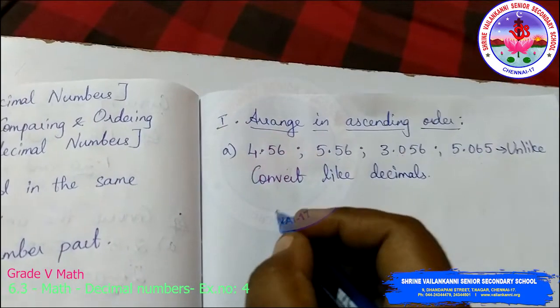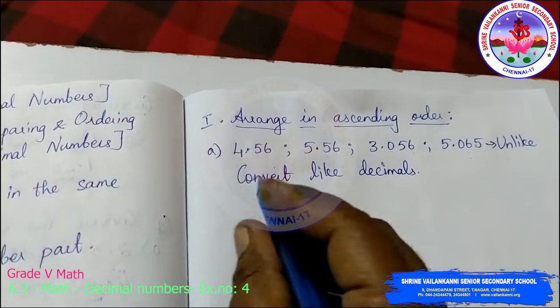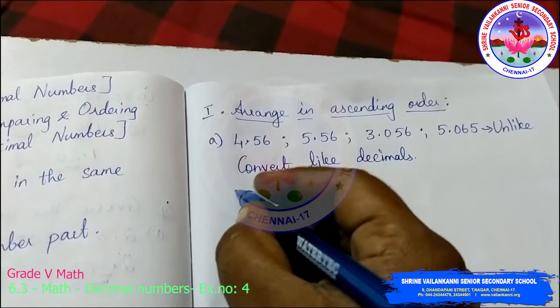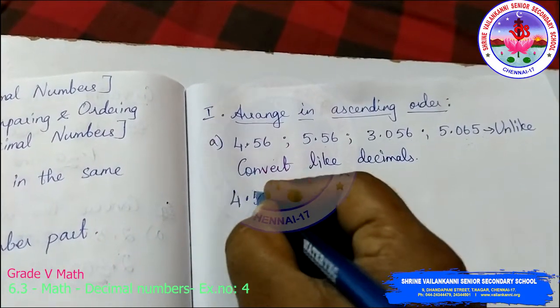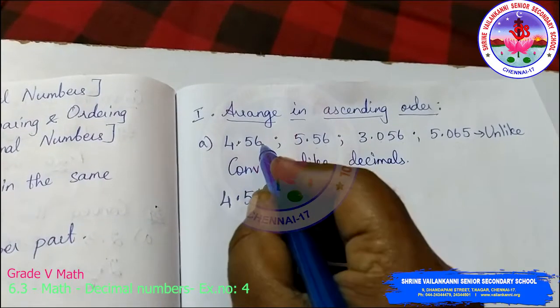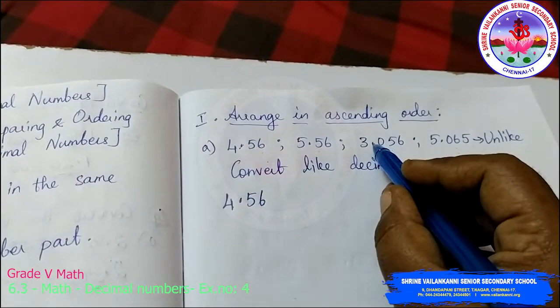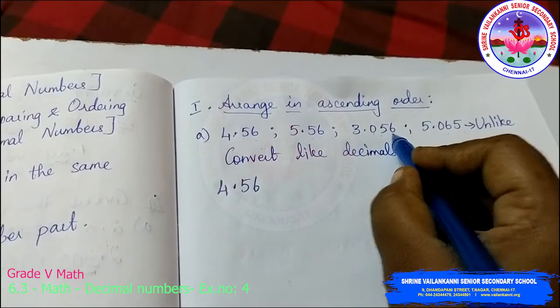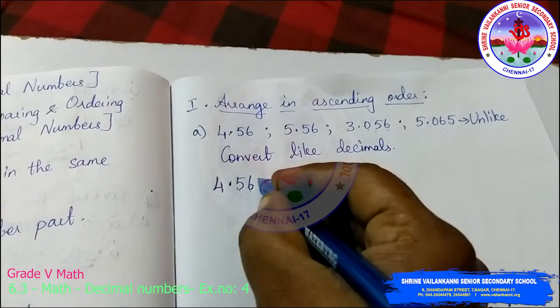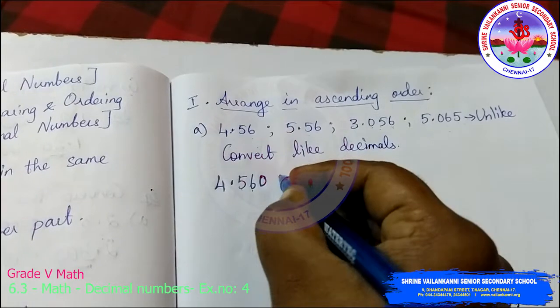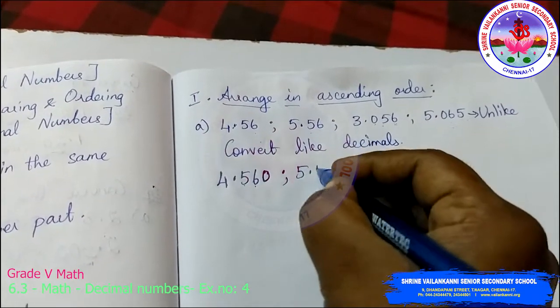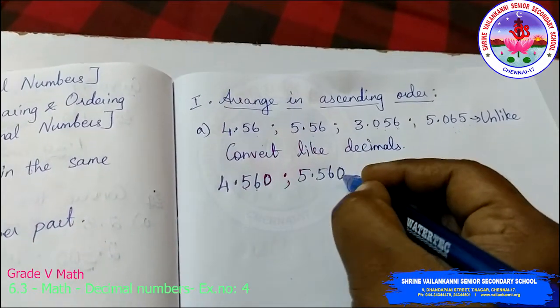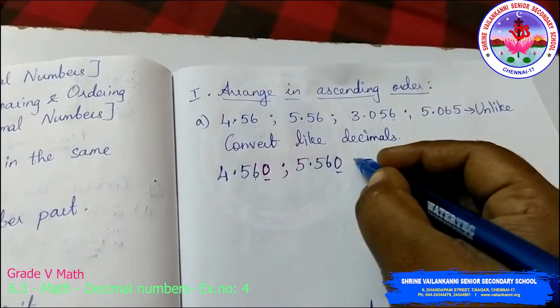So first we have to convert to like decimal numbers. For that we have to add zeros at the end of the decimal numbers. So 4.56, how many zeros do I have to add? The maximum place after the decimal is 3: 10th, 100th and 1000th. So already the 10th and 100th are there. For the 1000th I am adding 1 zero. Next 5.56, here also 1 zero.